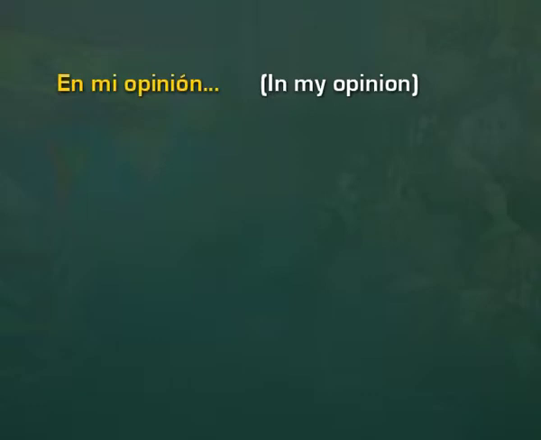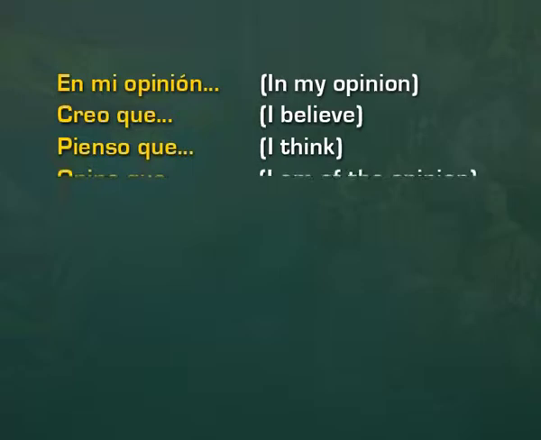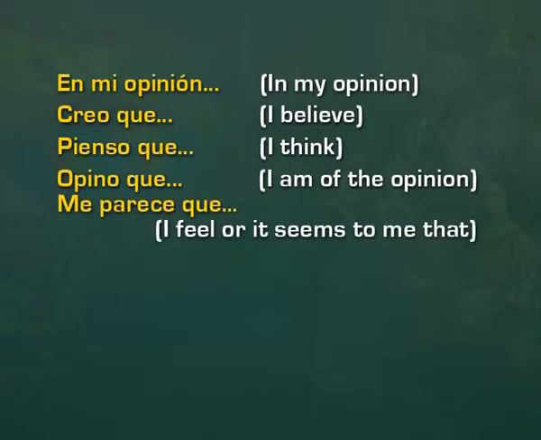En mi opinión, for example, we were talking about the caste system. So, you say, en mi opinión, el sistema de castas es malo. O creo que el sistema de castas es malo. Pienso que, opino que, me parece que. So, all these are different tools or different expressions to express your point of view.